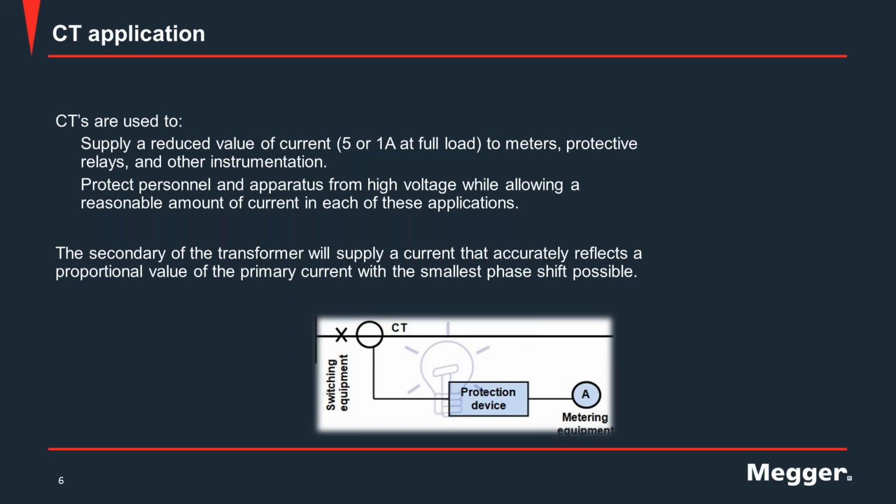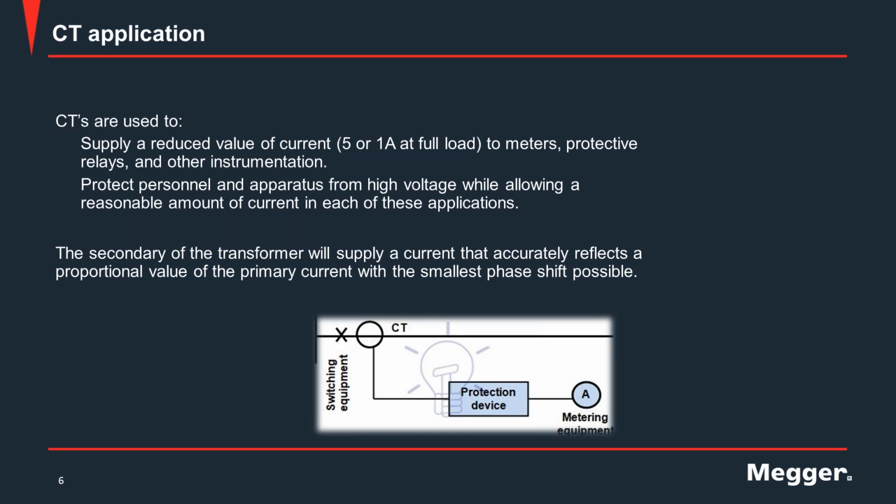Of course, it must be a low-level signal to protect our personnel and apparatus from the high voltage, allowing us a reasonable amount of current in each of these applications. The secondary of the transformer will supply a current that accurately reflects a proportional value of the primary current with the smallest phase shift possible.